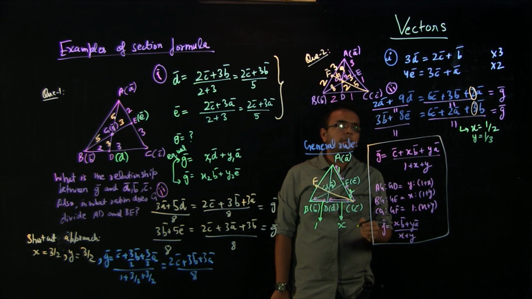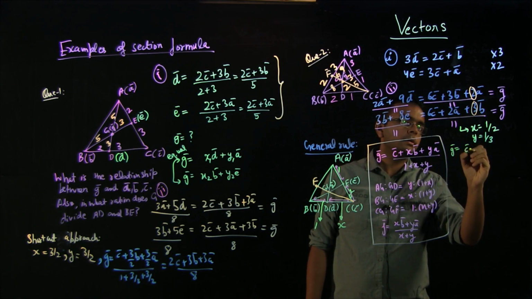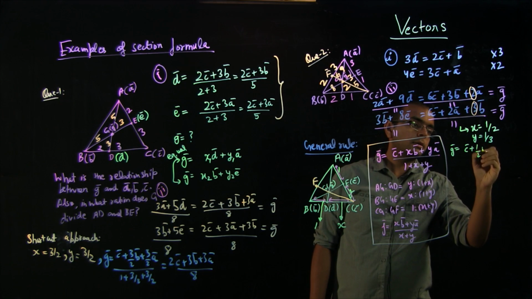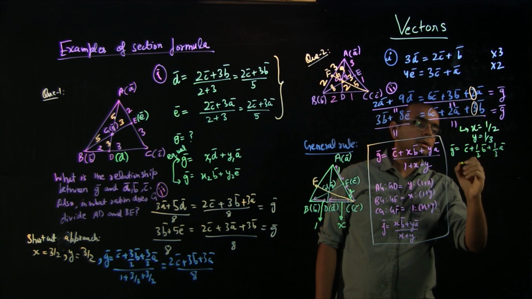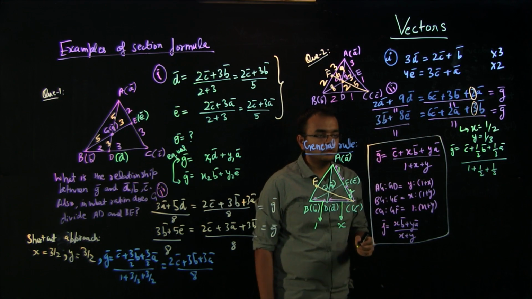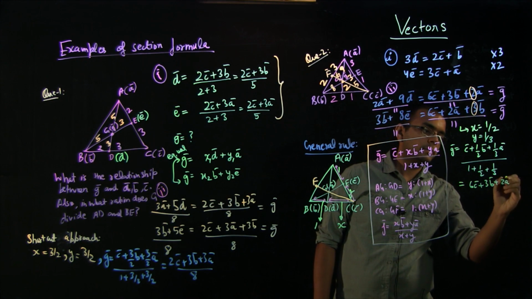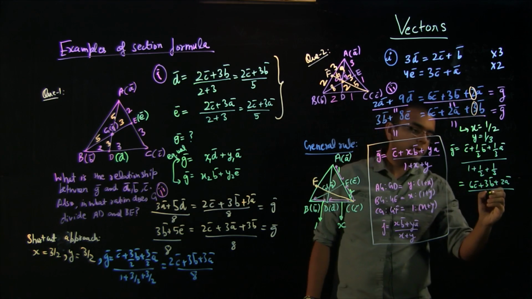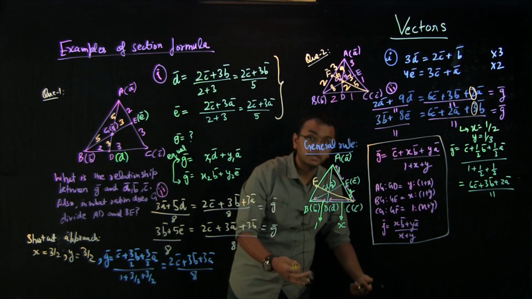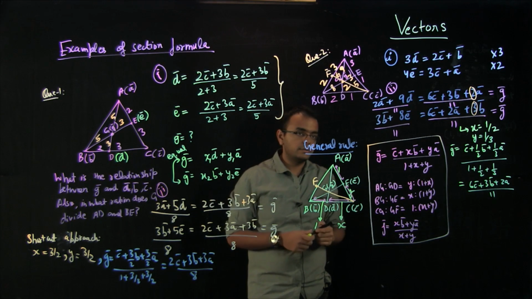Okay, and if we want to write the g vector, that would be c vector plus half b vector plus 1 by 3 a vector, by 1 plus 1 by 2 plus 1 by 3, and if you simplify this it will become 6c vector plus 3b vector plus 2a vector by 11. So you are actually able to do this exactly in one step and directly get to the answer, which you were doing through a lot of steps.